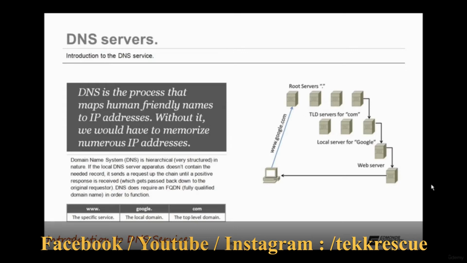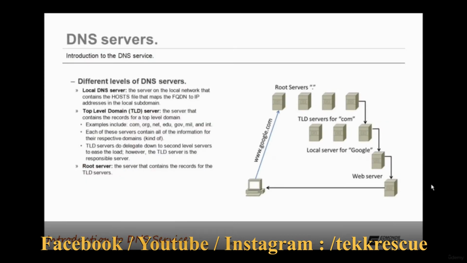The Google portion is the local domain that contains the specific service, and the com is the top level that contains the Google that contains the specific service. That is an FQDN. Now that we've got that covered, let's talk about the different levels of DNS servers.